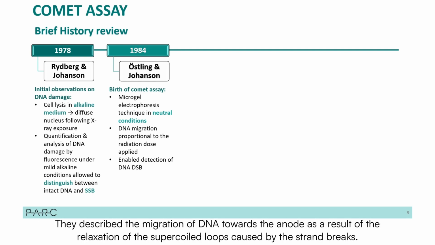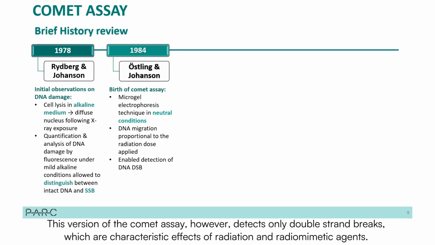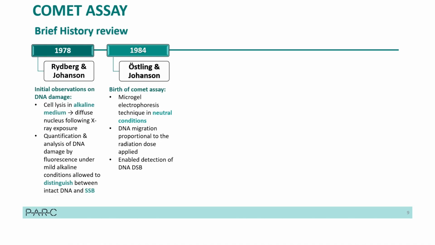They described the migration of DNA towards the anode as a result of the relaxation of the supercoiled loops caused by the strand breaks. This version of the comet assay, however, detects only double-strand breaks, which are characteristic effects of radiation and radiomimetic agents.